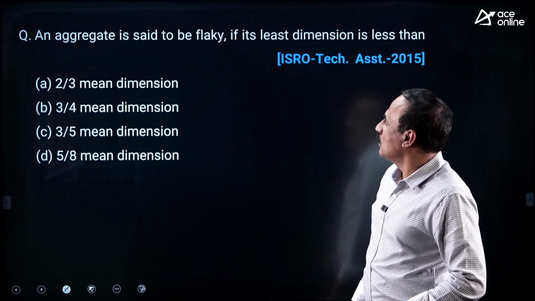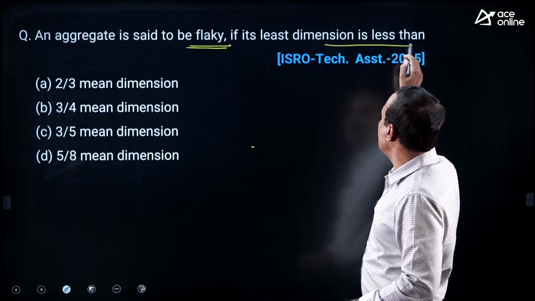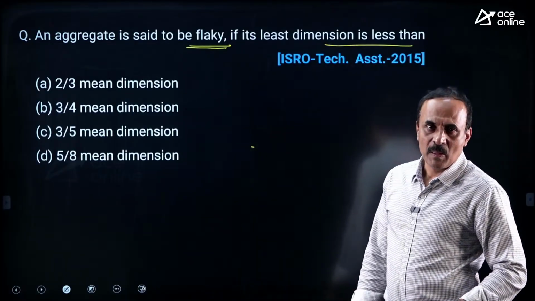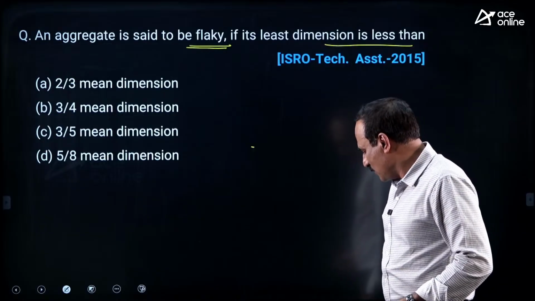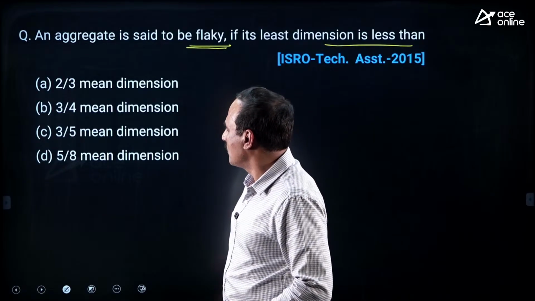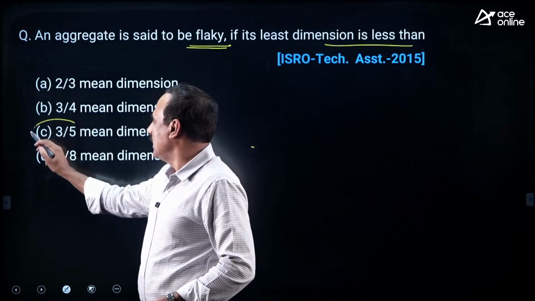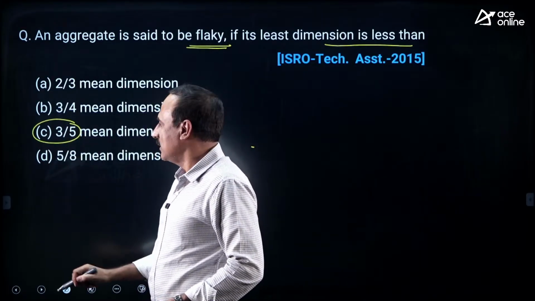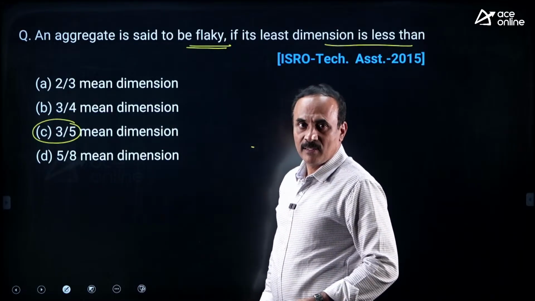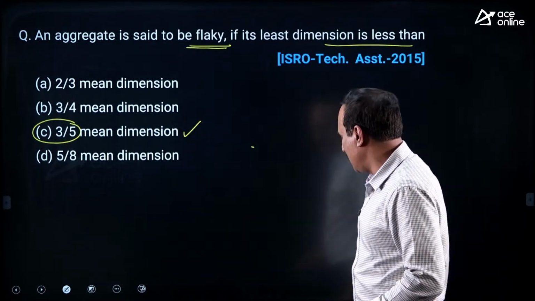See this question. An aggregate is said to be flaky if its least dimension is less than 0.6 of average. What is this 0.6? Which is 0.6? So, 3 by 5 is nothing but 6 by 10, nothing but 0.6. So, answer is 3 by 5.